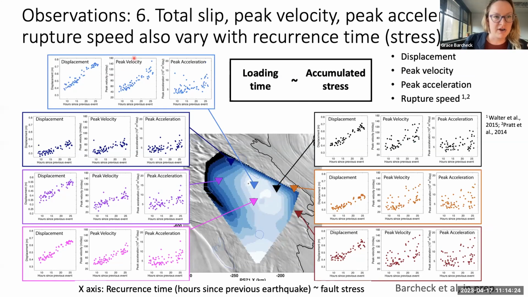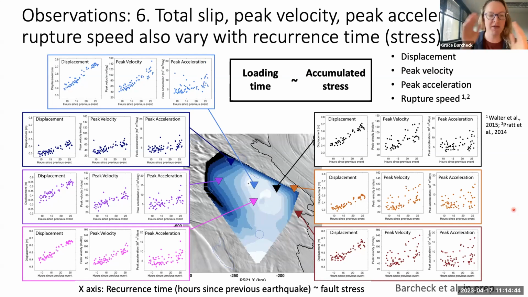And so each panel here is the total displacement at one of these sites for all 75 earthquakes, the peak velocity at each site for one of these earthquakes, and then the peak acceleration for each of these 7 locations.